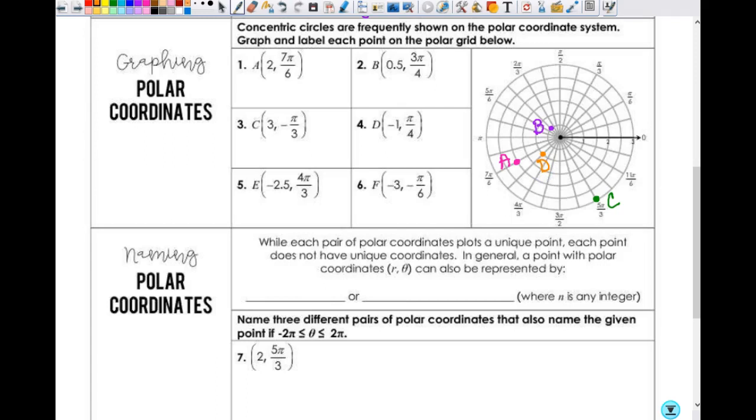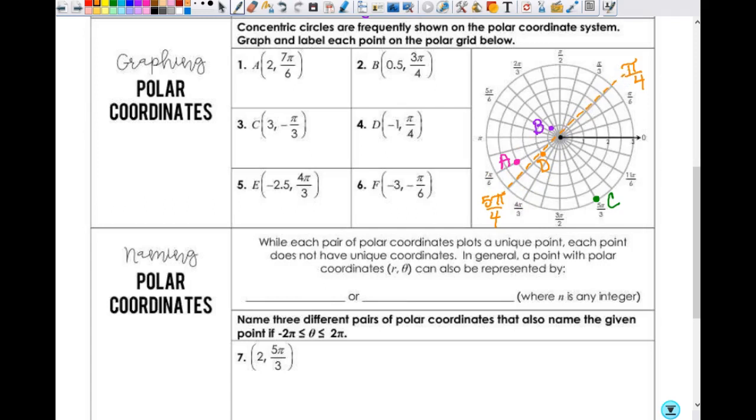But here's the thing. The actual value of 5 pi-4ths doesn't matter, so I don't actually need to add it. Look at what's happening here. This is the 5 pi-4ths that we ended up at, and this is pi-4ths. It's not coterminal, it's the other side. Do you see how it's on the same diameter?